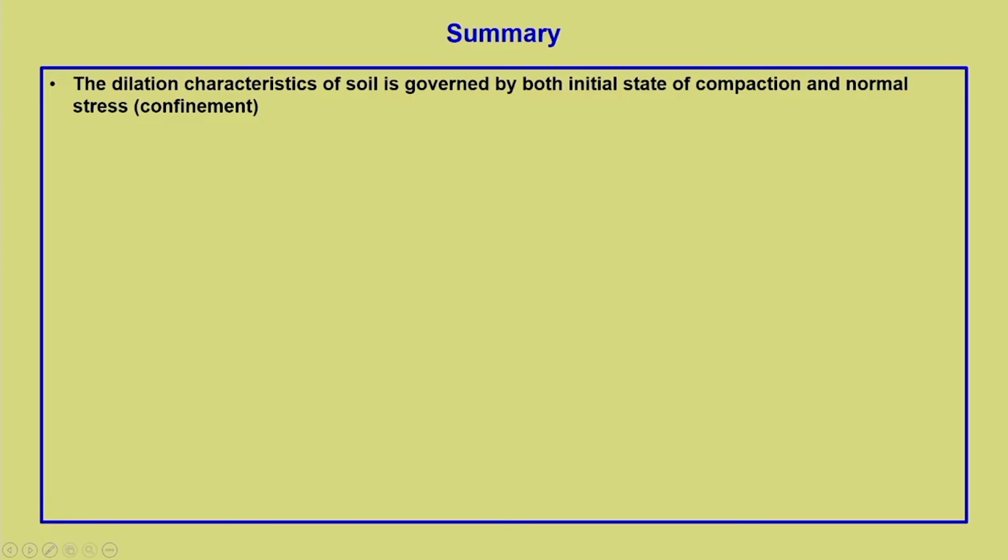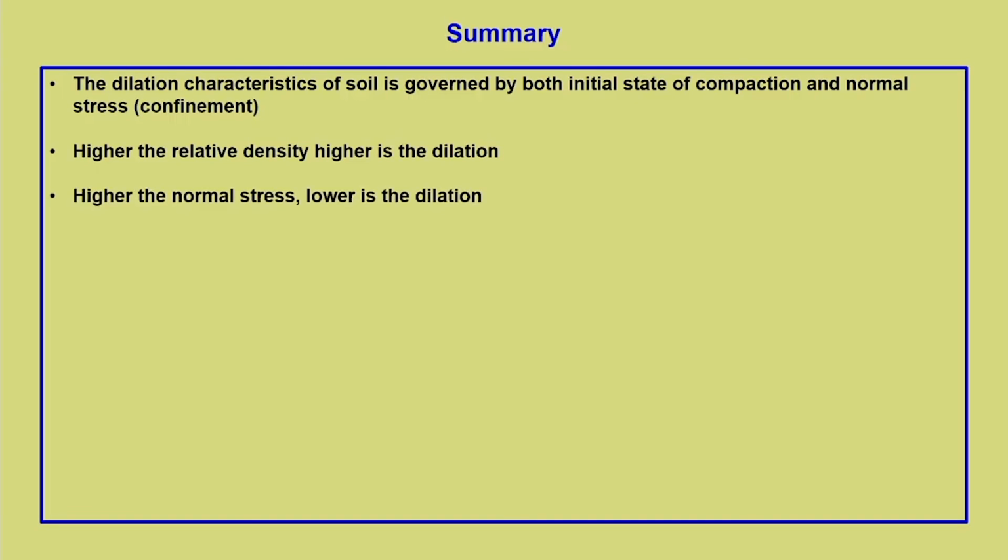Now, we will summarize the shear strength of granular soil, where the dilation characteristics of soil is governed by both initial state of compaction and normal stress, which is the confinement that we have discussed. Higher the relative density, I mean the initial compaction state, higher is the dilation, because interlocking is more and hence the dilation will be more.